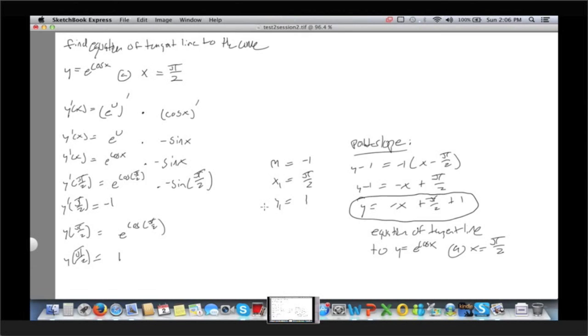Okay, that's a good process. Let's also draw a graph of what that represents.